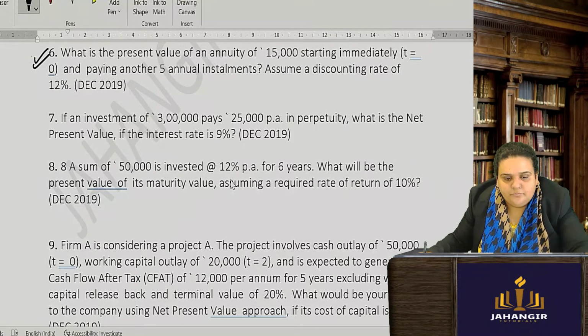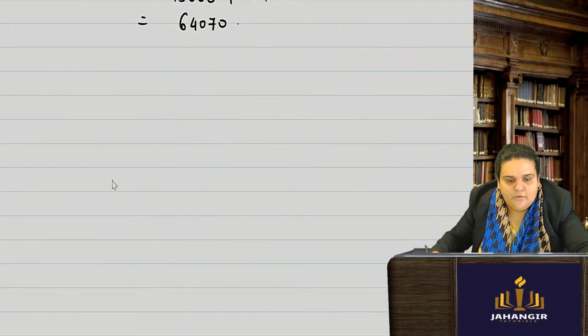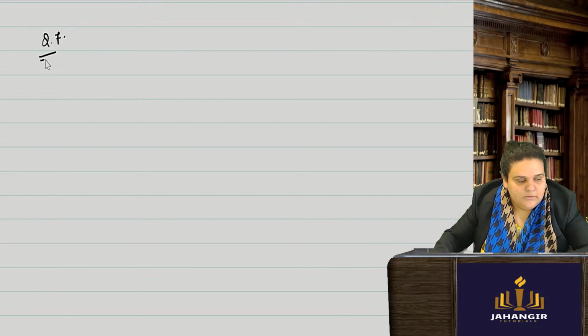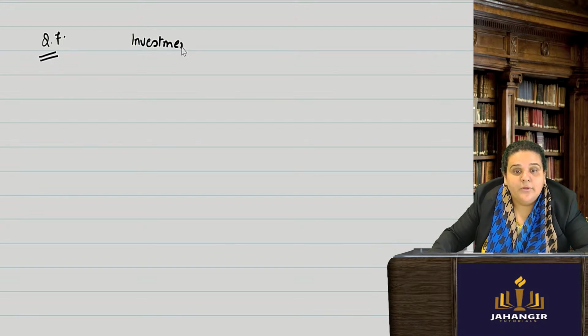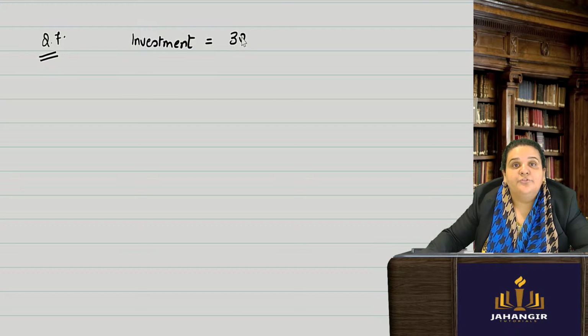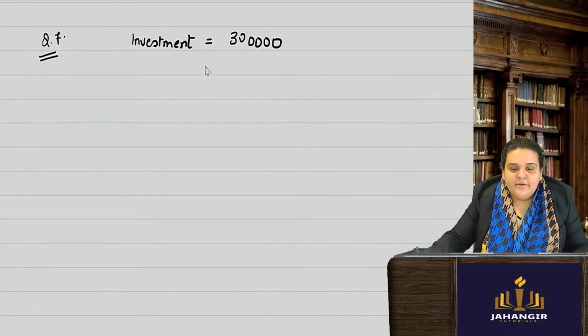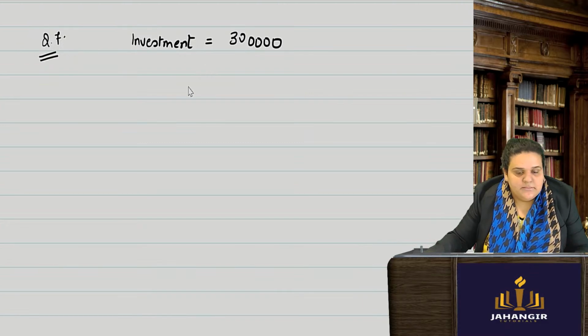So now this is again a very easy sum. Question number 7. I am going really slow, because I want you all also to solve along with me. My investment amount is 3 lakhs rupees.